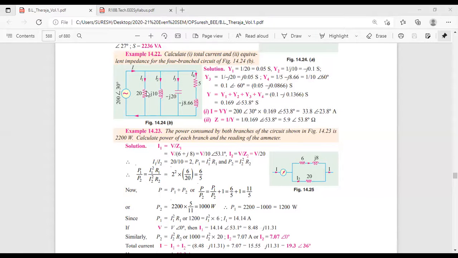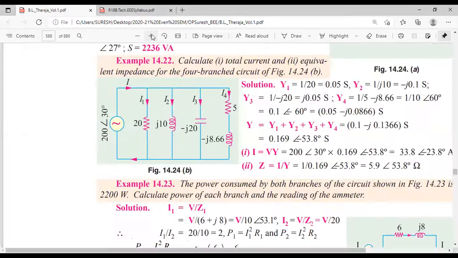Draw this circuit and write the question. This is the parallel circuit. Draw this.